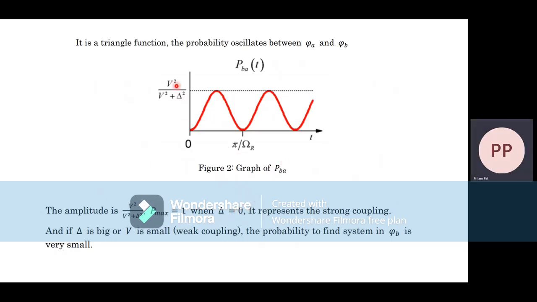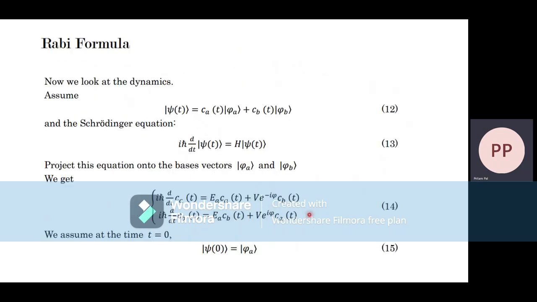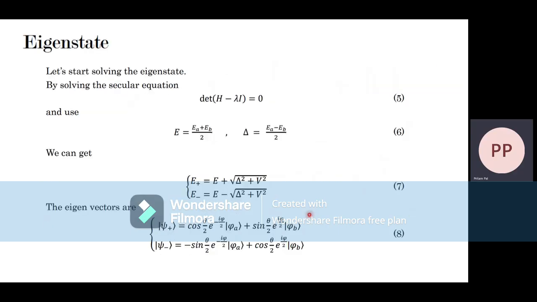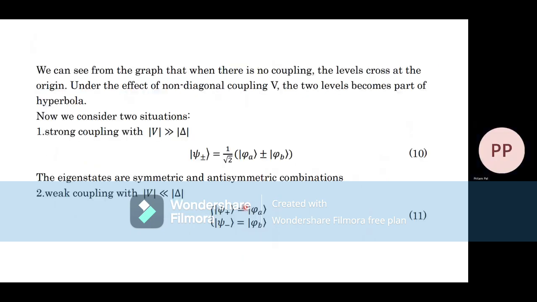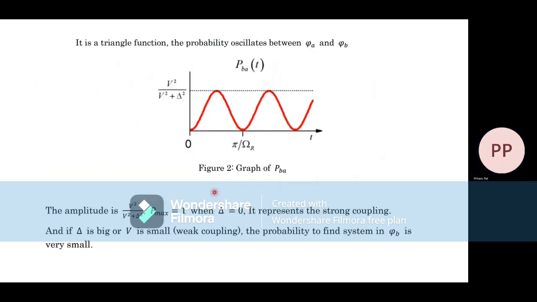Of course, when delta is 0, P max will be 1. It represents the strong coupling. Obviously, if you go back to the old data series, you will see strong coupling means delta is very small.